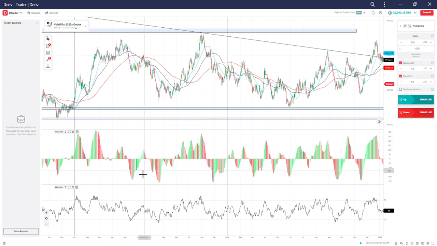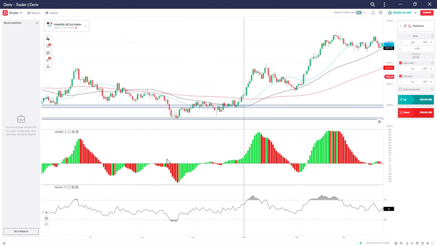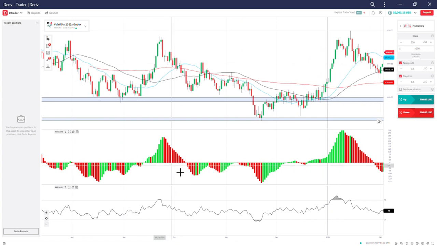Then you have your awesome oscillator right here. Now the crossover strategy dictates that when the market goes above the zero level from the upside, then comes down and bypasses the zero level, it dictates a sell entry.